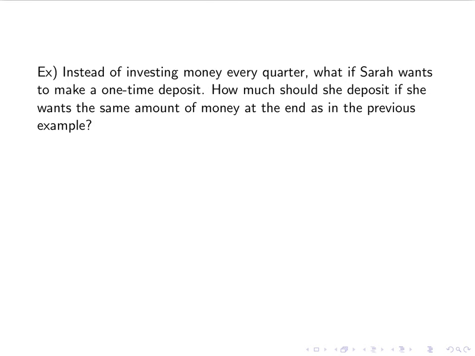What we need to do is use that other equation solving for A. There are two situations where you're looking for A when you know your repeated payment. One is this situation here. Instead of doing a recurring payment, what can I deposit as a one-time deposit? Another is purchasing an annuity.